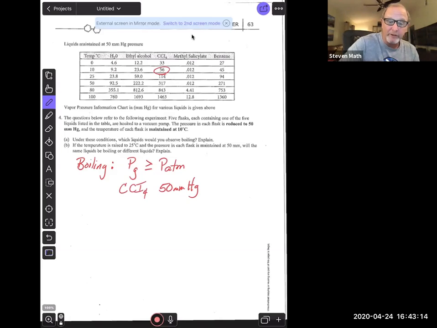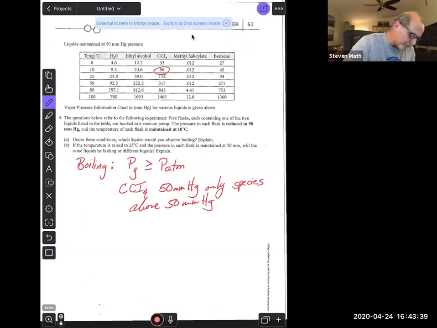That would be the only thing that's greater than. And I don't need much more of an explanation with that because we've described what boiling is. Boiling is when, and CCl4 is the only one, only species above 50 millimeters of mercury.